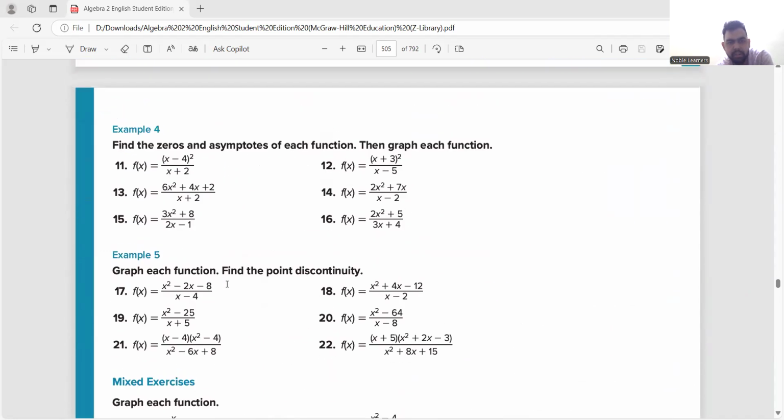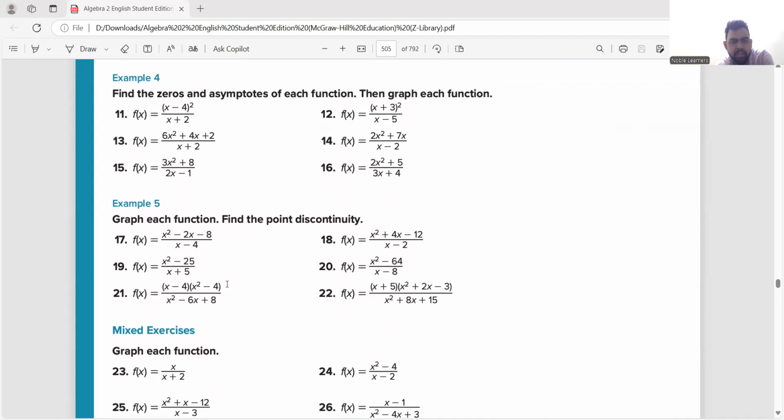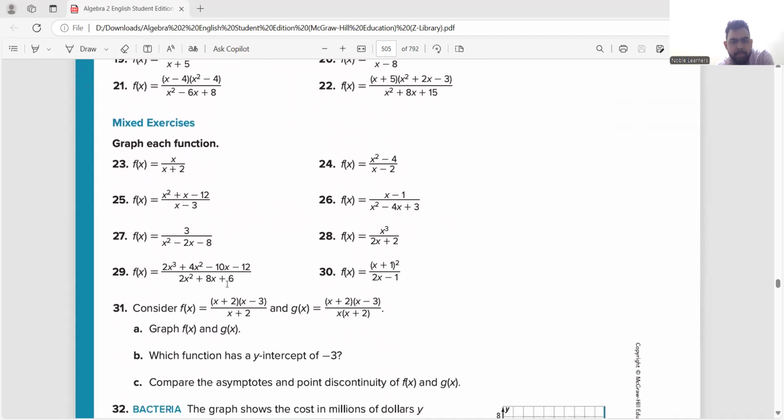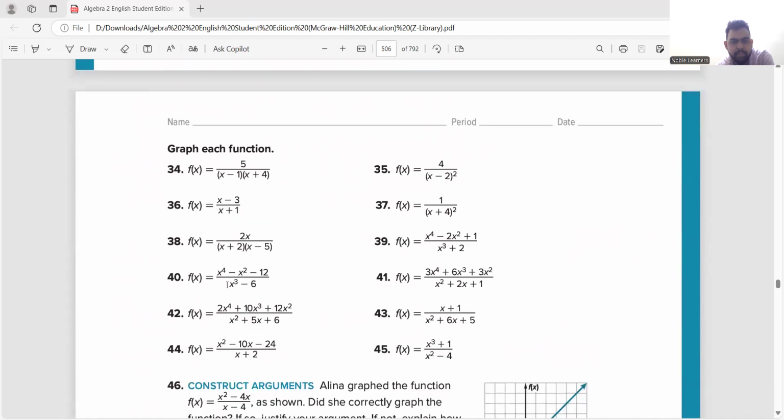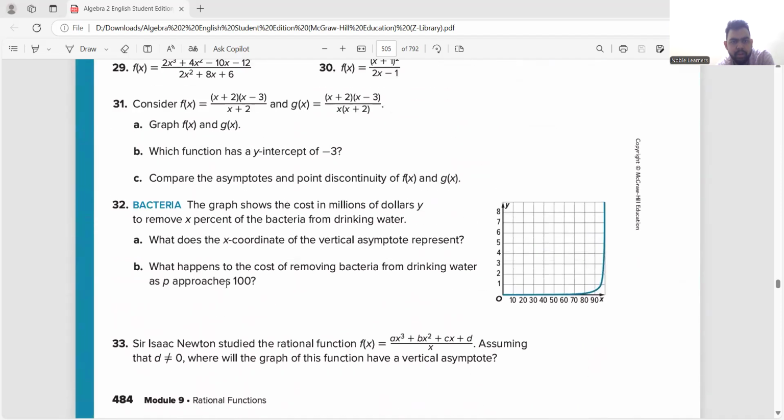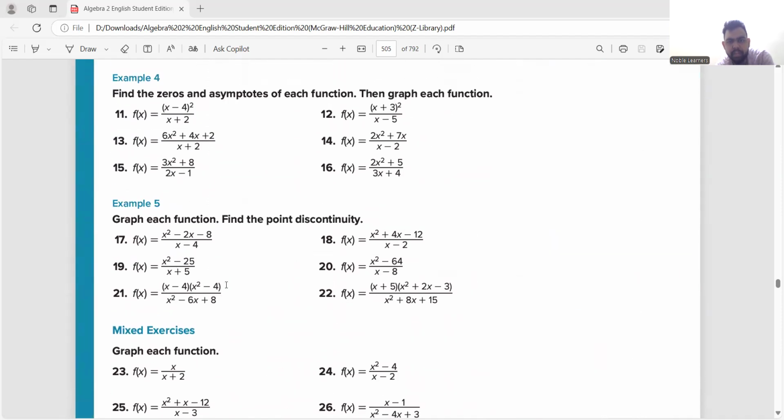This one looks good. Graphing they're asking.